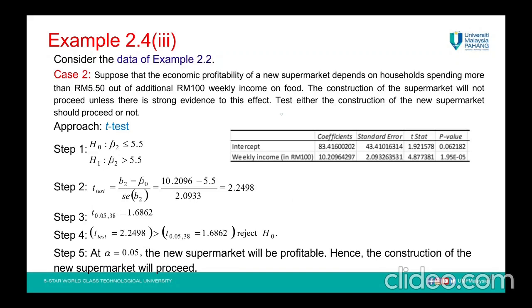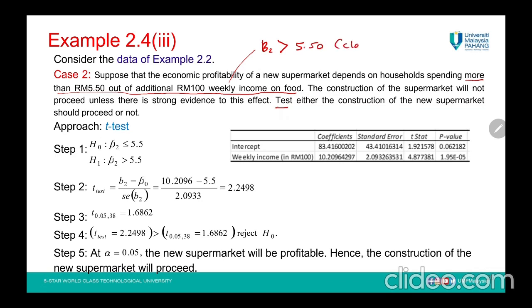To test the statement given here, it depends on the first sentence. From the first sentence we can see that the parameter for weekly income is beta 2. The next keyword is "more than", so more than RM 5.50.